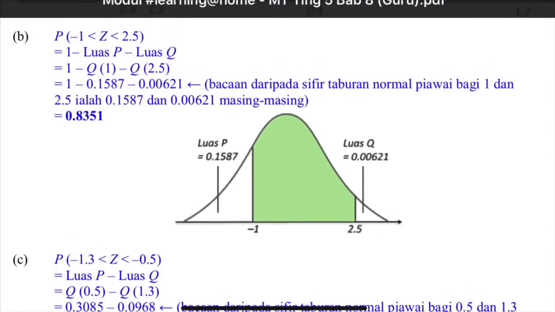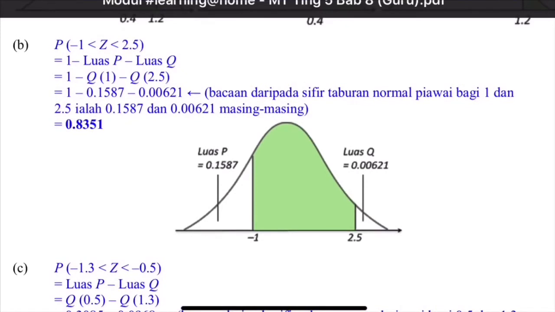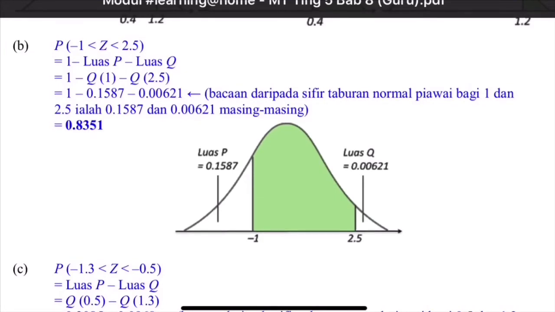Okay, so reading from the table for 1 and 2.5 is 0.1587 and 0.00621. It means the area under the bell shape. Because you want to get between negative 1 to 2.5, that is why you have to minus.